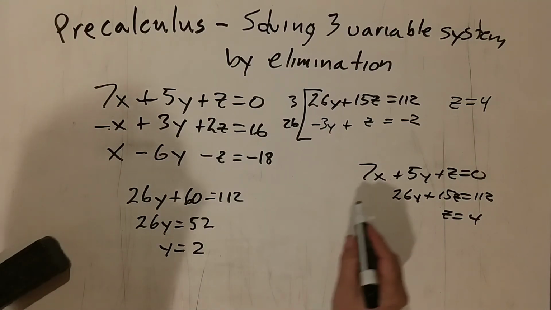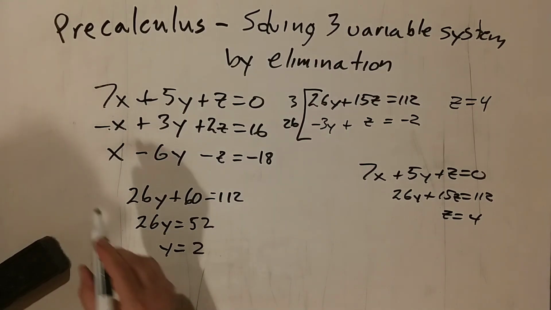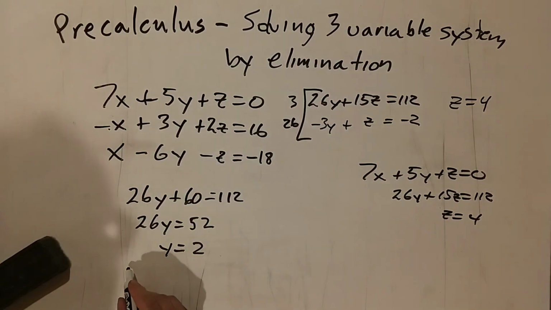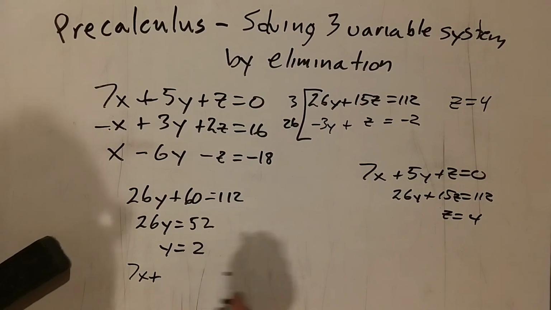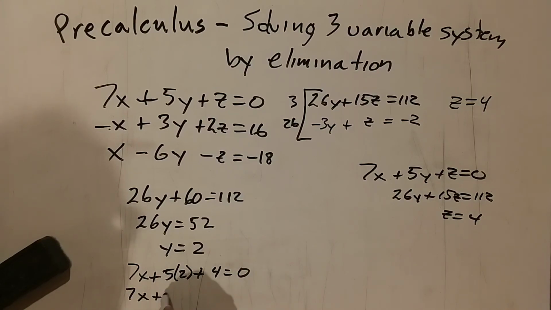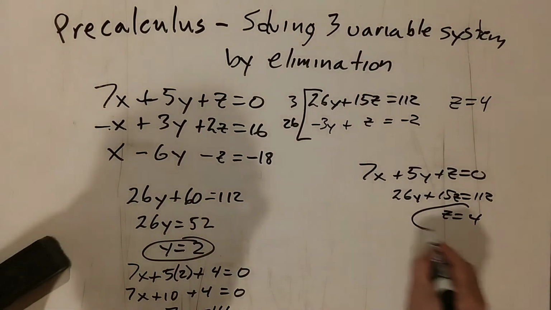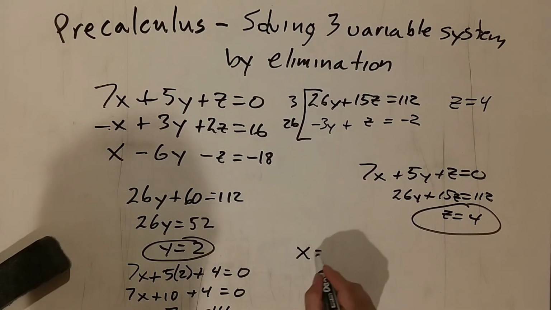And now substituting it all back into the first equation, 7x plus 5 times 2 plus z, which is 4, equals 0. So 7x plus 10 plus 4 equals 0. 7x equals negative 14, so x equals negative 2. And there's our solution.